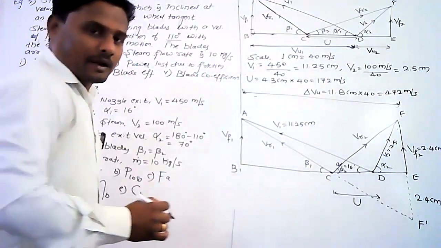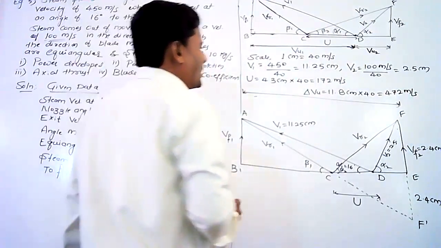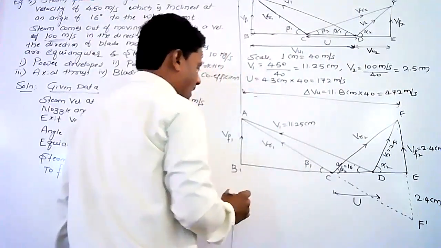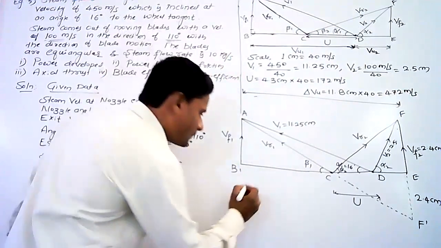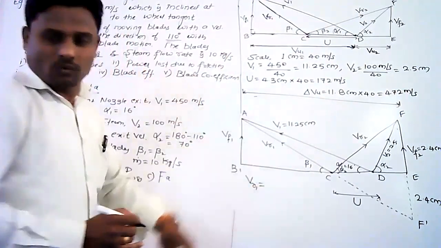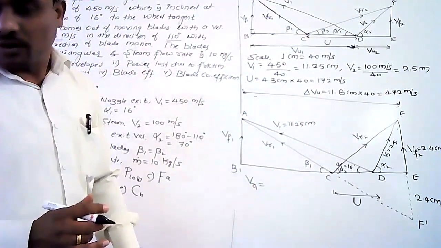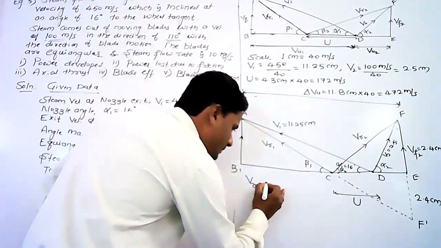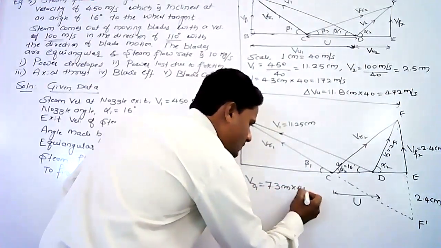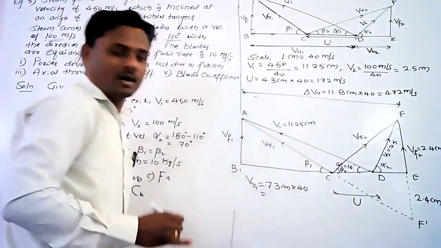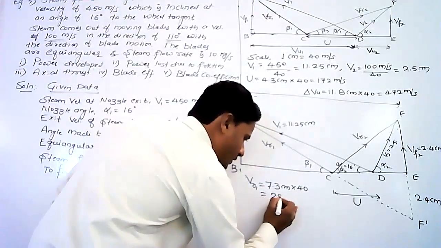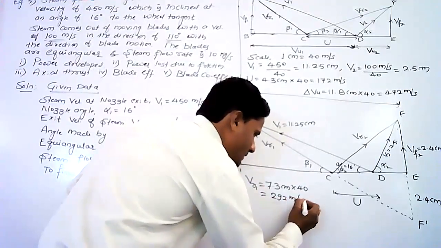Next, we have to take VR1 and VR2 as well. From the graph, the length of VR1 equals 7.3 centimeters. Multiplying by scale factor 40, the product is 292 meter per second. Similarly, VR2, or CF, equals 5.7 centimeters, which is 228 meter per second.